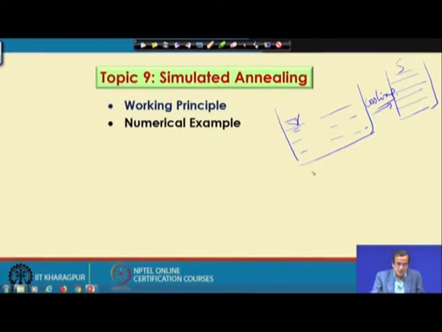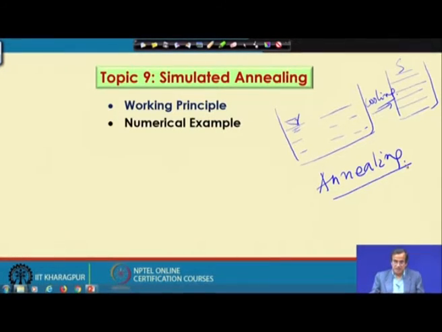The method of slow cooling is nothing but annealing. So, annealing is a process of slow cooling of molten metal. This method has been copied in an artificial way in simulated annealing, just to solve the energy minimization problem.